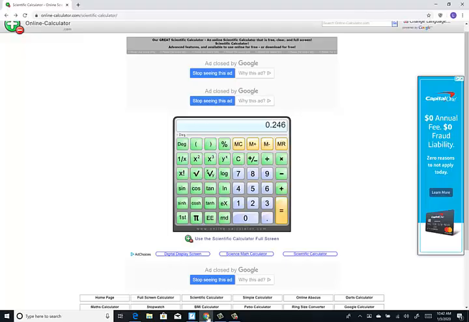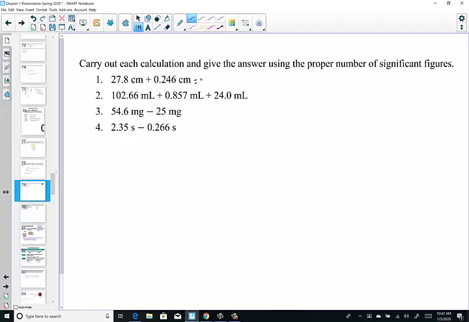I'm just adding those two values together and I get 28.046. Now, how many decimals are we allowed to report? The first number has only 1 decimal place. That means I'm only allowed to report 1 decimal place. I look at the next number and decide if I should round up. 4 does not get rounded up, so I will report 28.0 centimeters as my final answer.